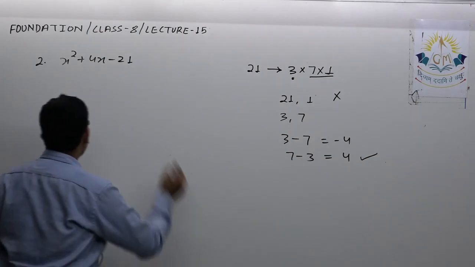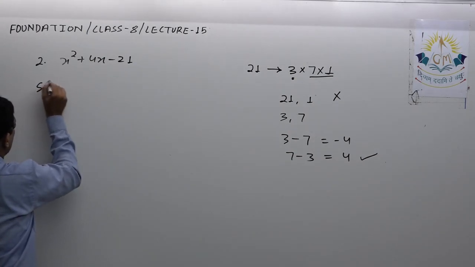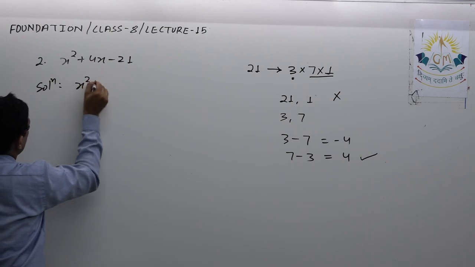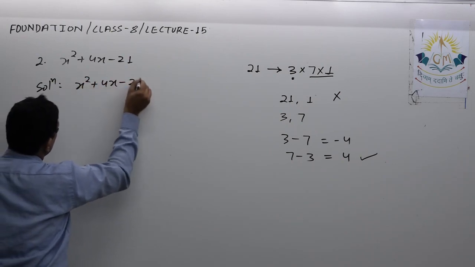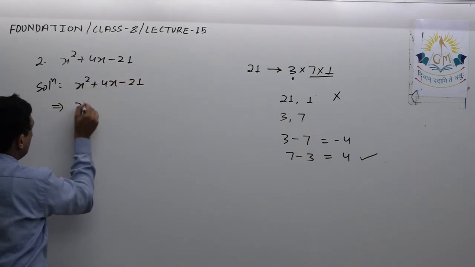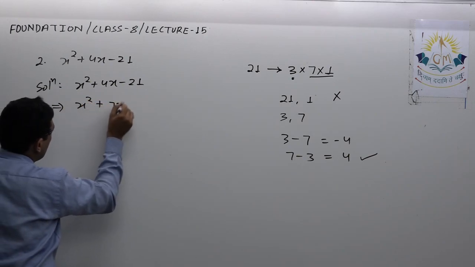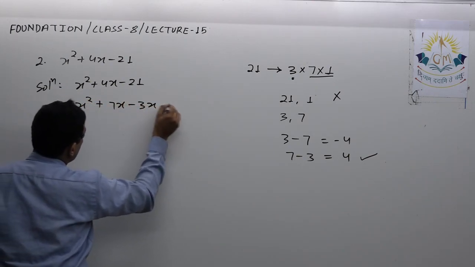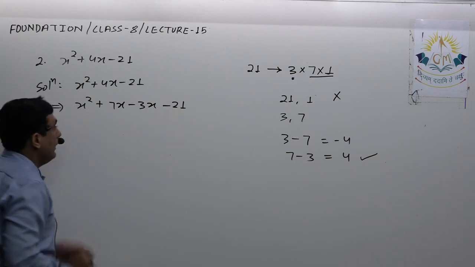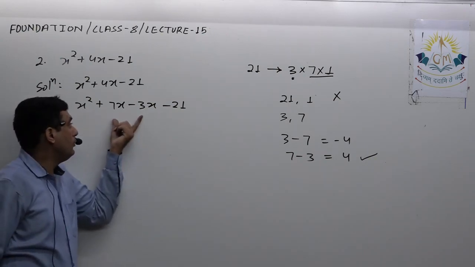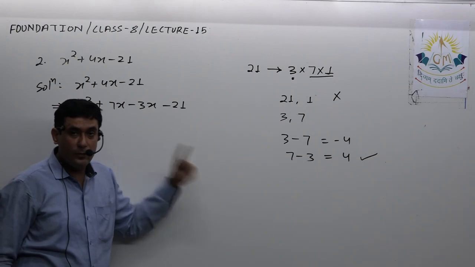Okay, so here I write the solution part. This is x square plus 4x minus 21. This is x square plus 7x minus 3x minus 21. Now as I told you, when I write these two terms, I will check one more thing.